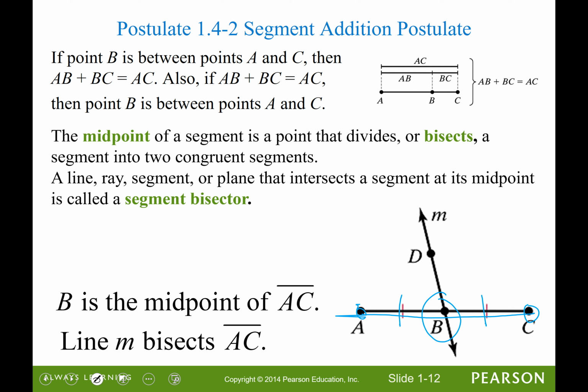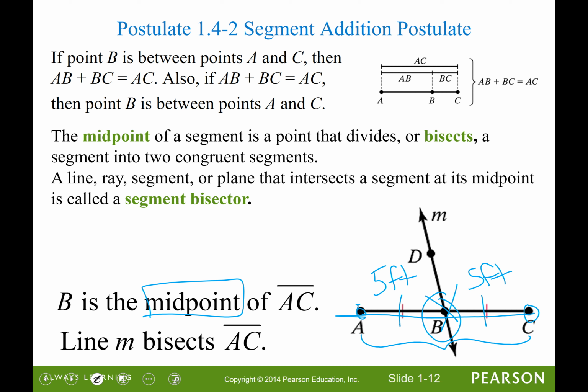And if those 2 segments are congruent, then their lengths are equal. So I'm just going to make up, let's say that they are 5 feet each. That would mean that the entire segment is 10 feet, putting B right in the middle of segment AC. And that's why we call it the midpoint.